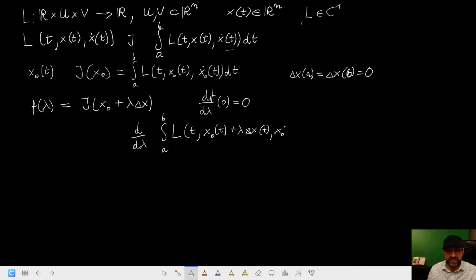Now obviously derivative is linear, so that will be something like this. And now the question is, can we go with derivative under the integral?